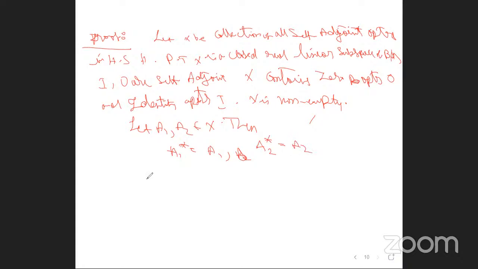For two real numbers alpha and beta, we have (alpha A1 plus beta A2) star equals alpha bar A1 star plus beta bar A2 star.